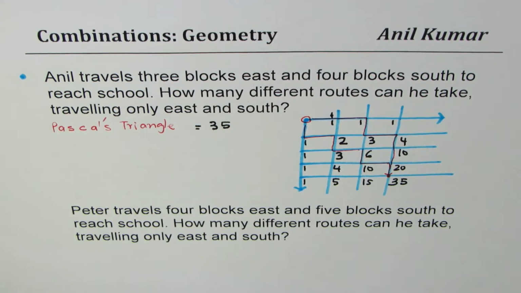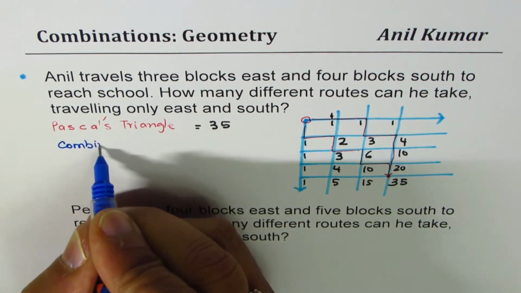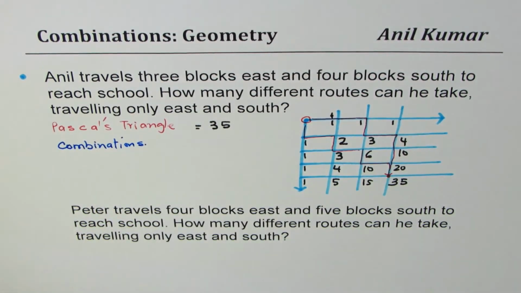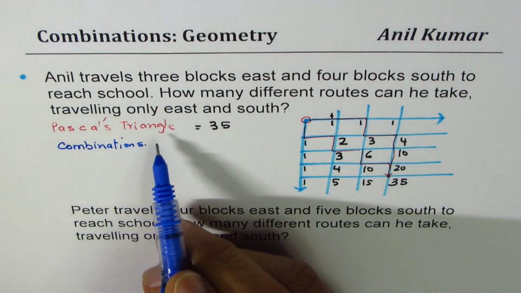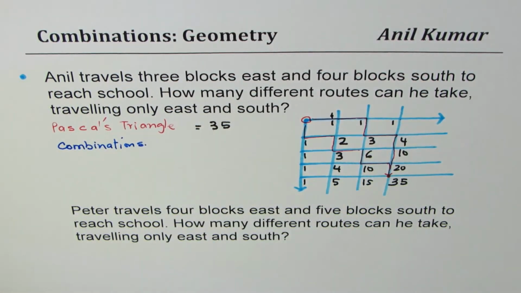Now let me share with you an alternate method of answering this question. Now we call it combinations, right? You could do combinations. Combinations are much faster. You know, in Pascal's triangle also, each and every point could be written in the form of the combination formula, right?